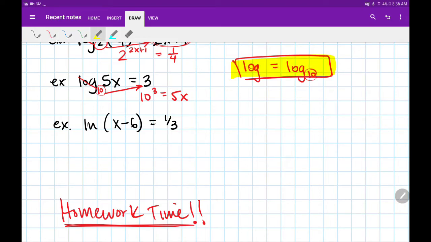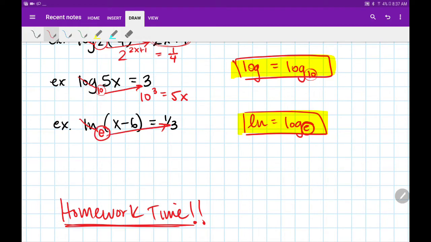Let's do our final example. This one says ln of x minus 6 equals 1/3. Hey, so we're going to cross out the log, but what's my base? Well, since it's natural log, see if you remember, that means it's basically a base e. So don't forget that property, write in the e, and now we're doing my base e to the power of 1/3 equals x minus 6.